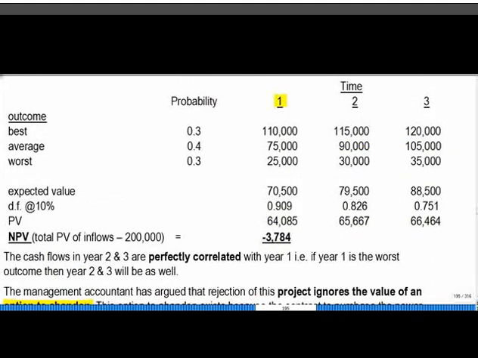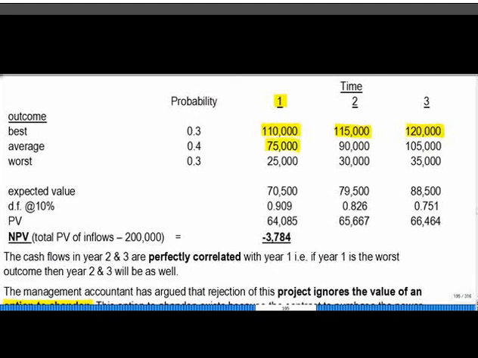At the end of year 1, if we've done very well, then we'd be anticipating cash flows of 115 and 120. So we wouldn't sell the boat back to the supplier at the end of year 1 for 90,000. We'd keep going. So those cash flows don't change.